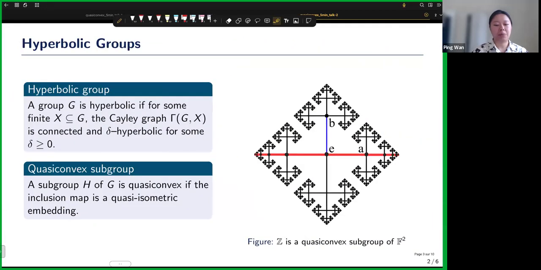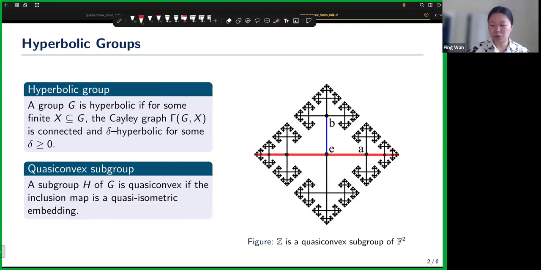Now, in a hyperbolic group, we say a subgroup H is quasi-convex if the inclusion map is a quasi-isometric embedding. So quasi-isometric embedding means the metric on the subgroup is not distorted too much.